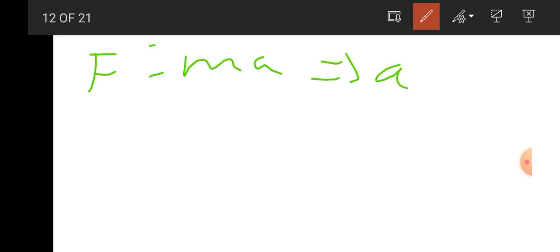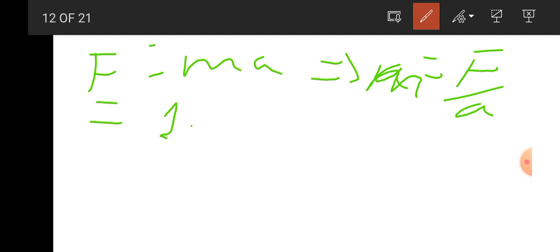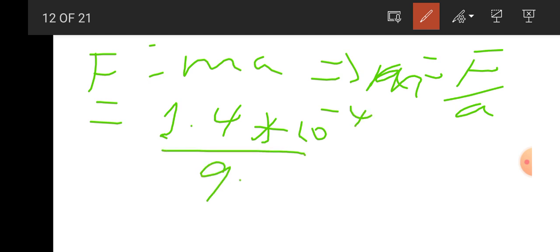Here we are asked to calculate the mass. Mass equals force over acceleration. The force is what we just calculated, 1.4 times 10 to the power of minus 4, over gravity 9.8 instead of acceleration, that is acceleration due to gravity.